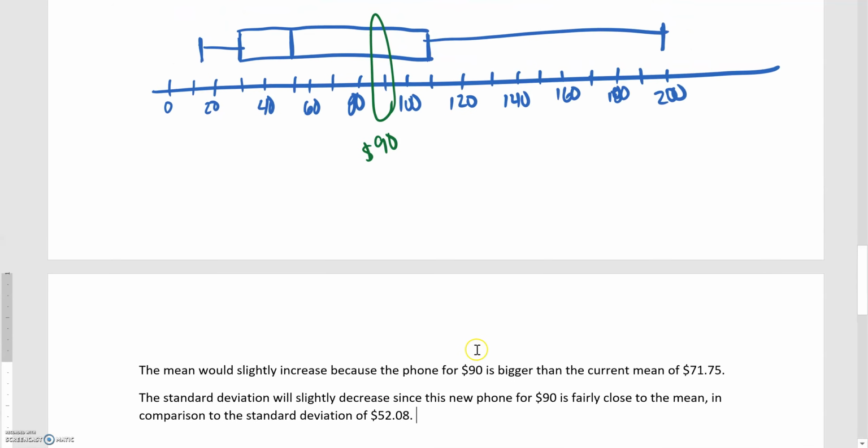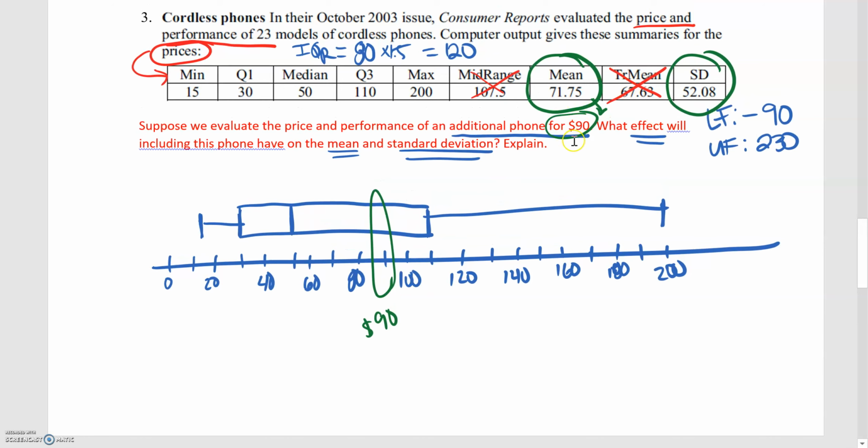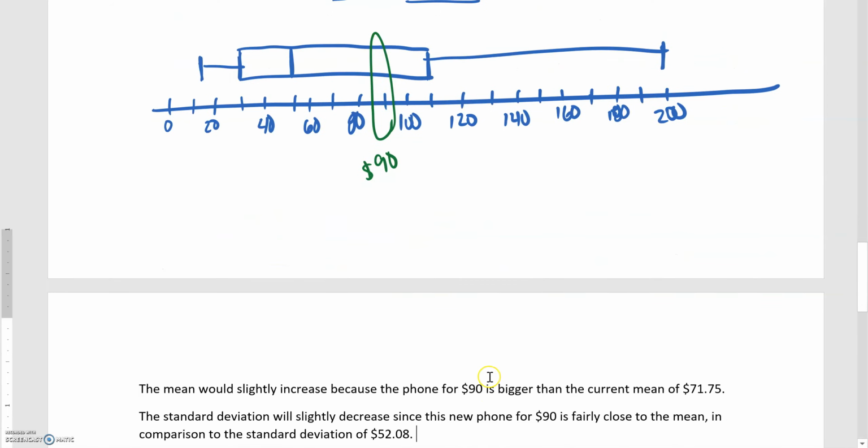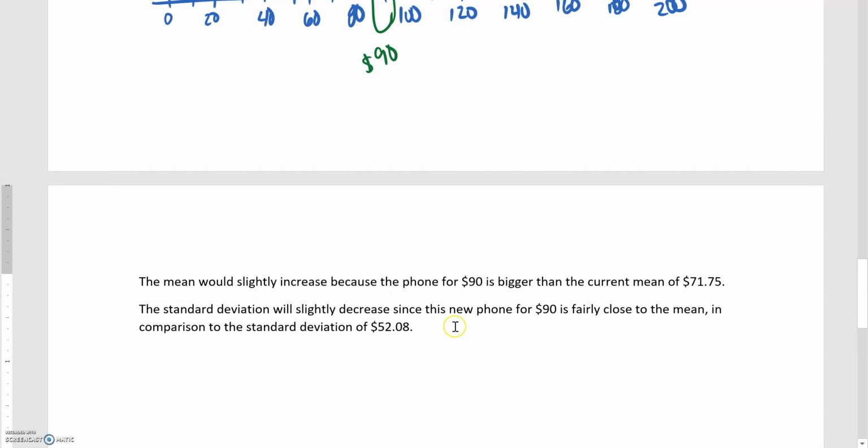Again, the standard deviation will slightly decrease because you're adding that 90, and 90 is about 20 units away from the mean, and the standard deviation is 52. So on average, your values are about 52 units away from the mean. Because the 90 is closer to the mean than the standard deviation's distance, the standard deviation is slightly going to decrease. Again, the $90 is fairly close to the mean in comparison to the standard deviation of $52.08.